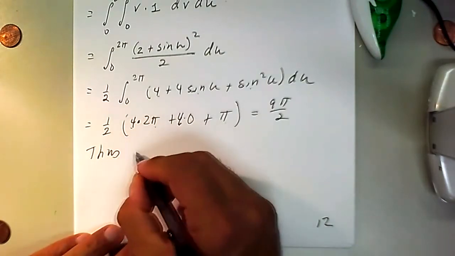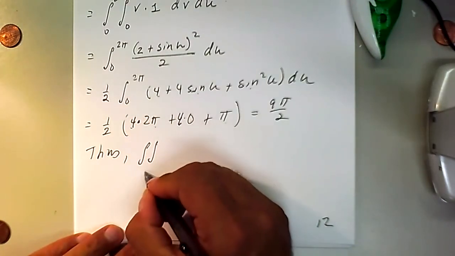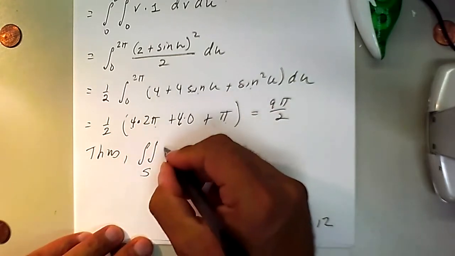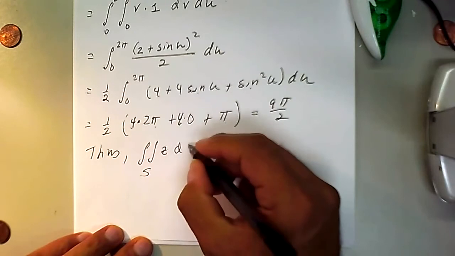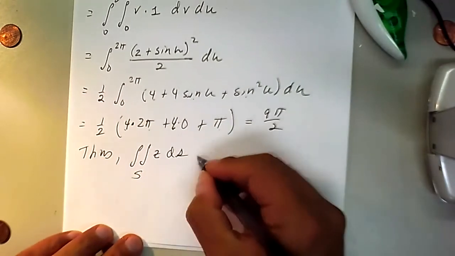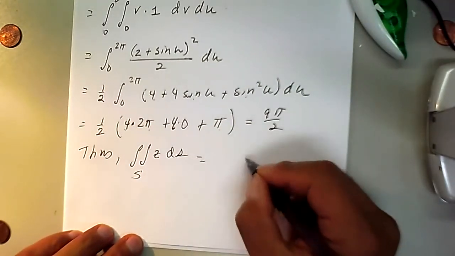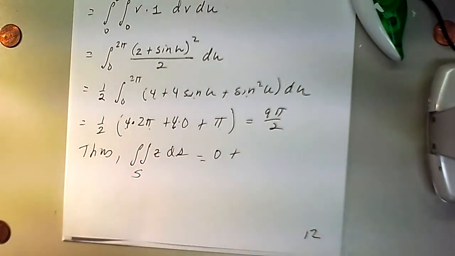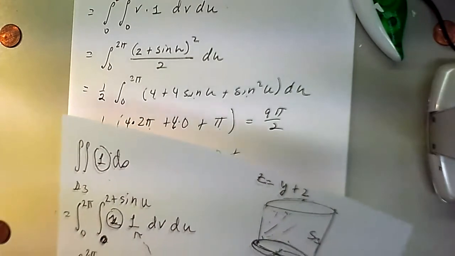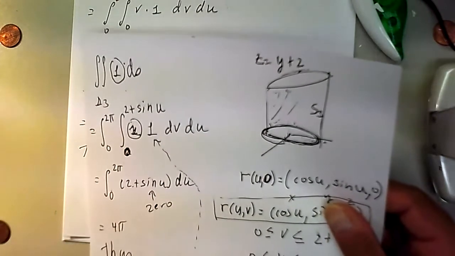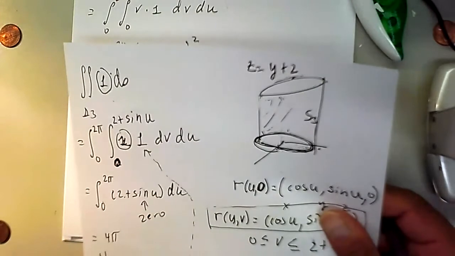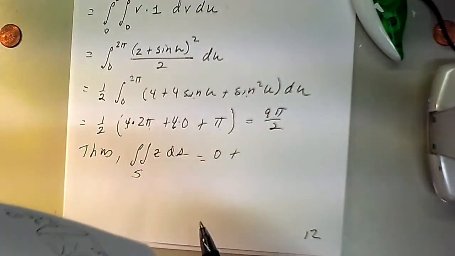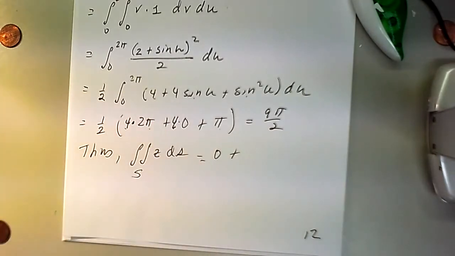Thus, the double integral over the entire surface of the solid of z dS is the bottom, the top. Now I forgot what the top was. That's a different example. 6, 7, there it is.